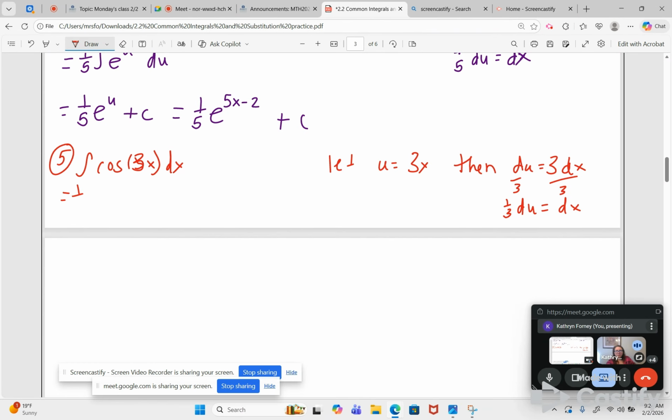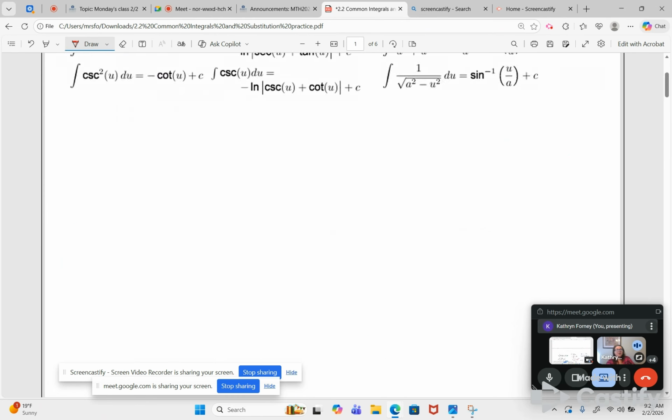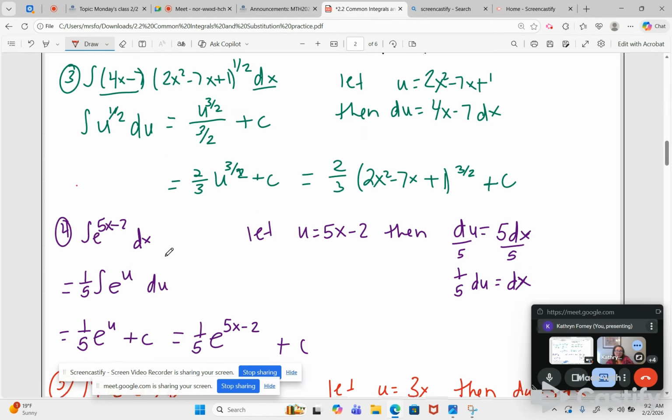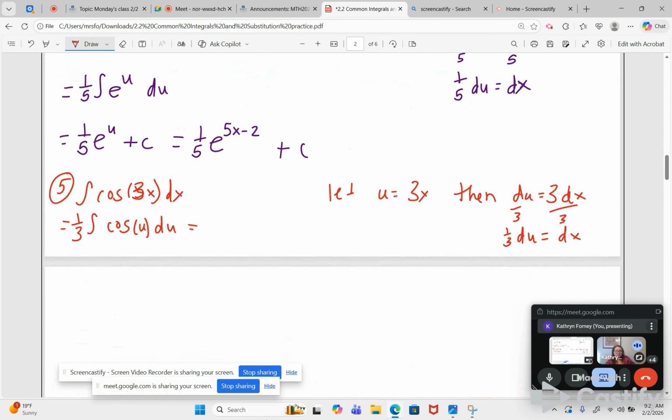So that would be 1/3 the integral cosine u du. Now, some of us may just remember the antiderivative of cosine is sine. If not, here's the common integrals that are listed here. So the integral of cosine is sine.